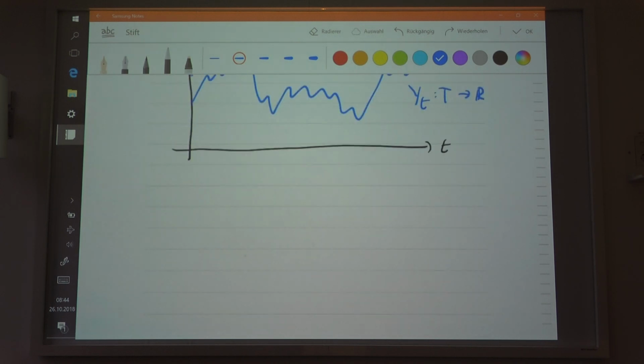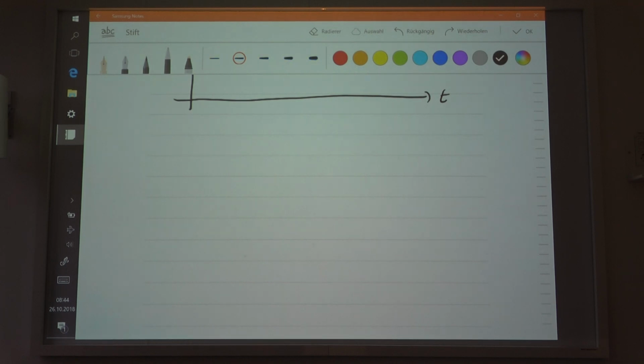Yes, that is something I can illustrate here. Suppose you have a normally distributed random variable. I fix the time here, and let's say we are here somewhere. We're not sure whether we observe this value or this value.